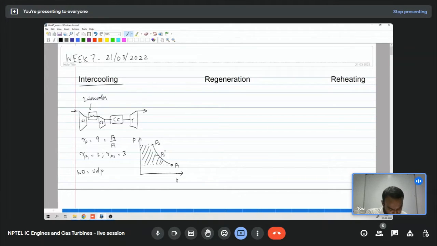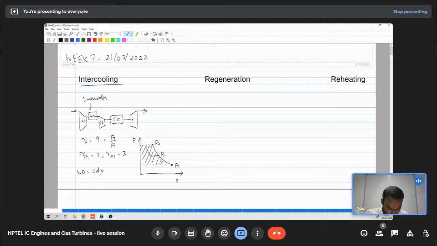After P2 dash we are taking it to an intercooler where we are cooling down. That means at constant pressure you will reduce the temperature, so the specific volume will decrease, and on this PV plot you will see a horizontal line representing the intercooler process. And then after that we will compress it to the second pressure level P2. Then it goes like this.